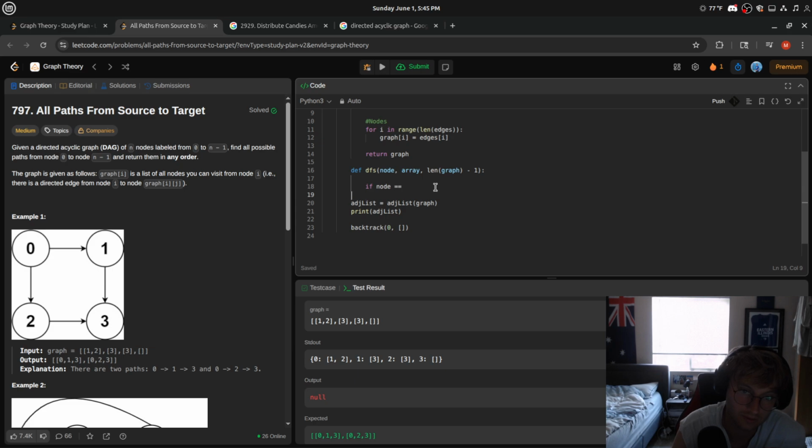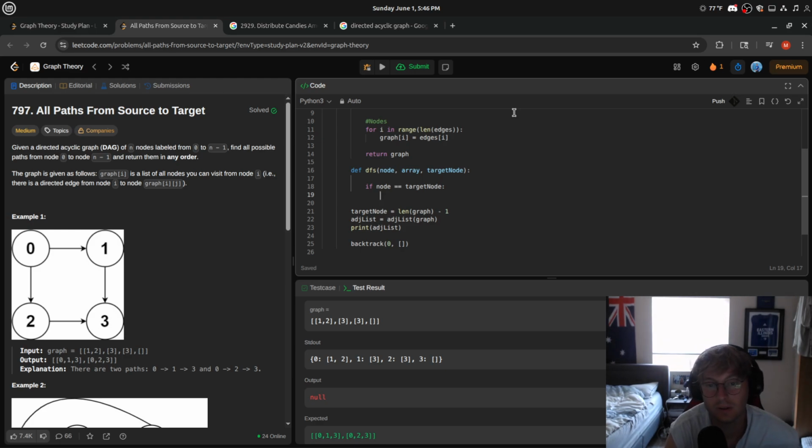Let's do target node is equal to the length of graph minus 1. Okay, we'll do target node here. Well, if node is equal to target node, then what do we want to do here?